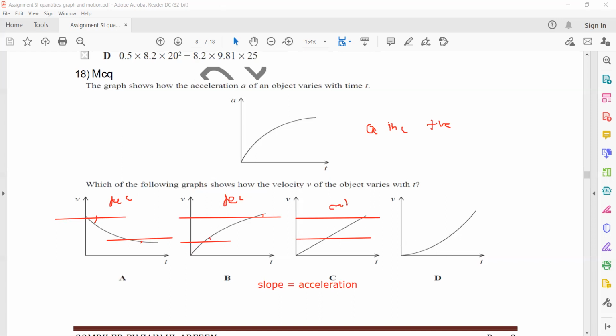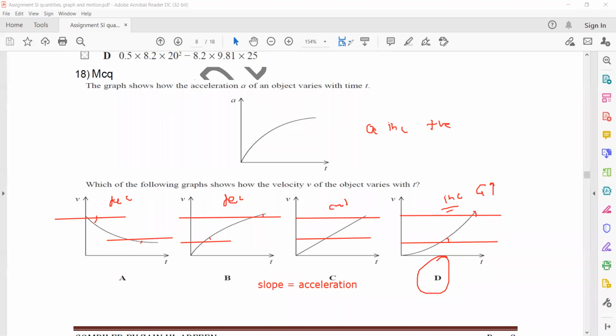And checking option D, drawing the horizontal line, the slope is the angle with the x-axis. When you check these angles, you will find the angle is increasing. It means the slope is increasing. So option D is the right answer, in which the slope increases, it means the acceleration is increasing and it is a positive value. So D is the right answer for question 18.